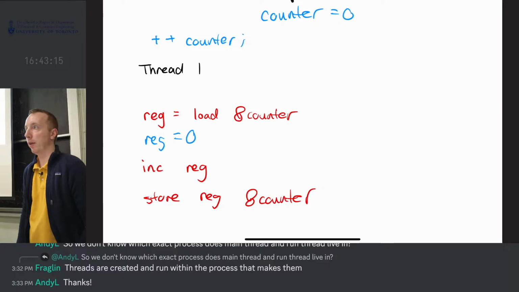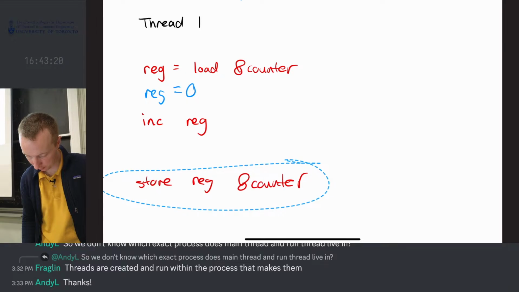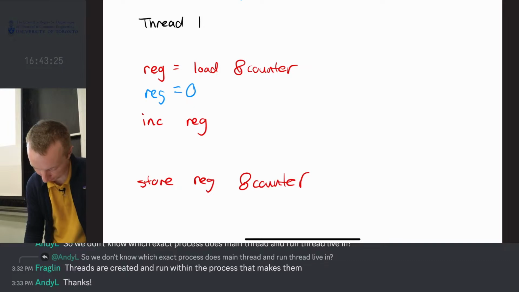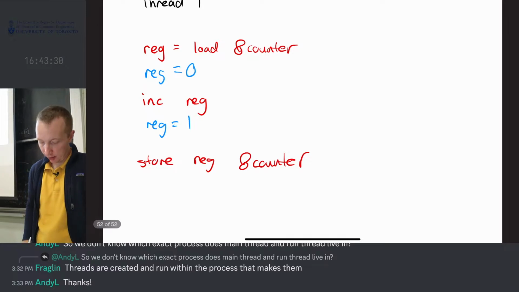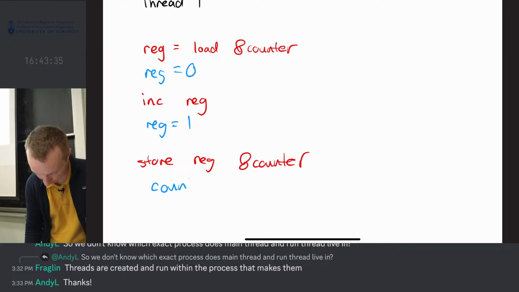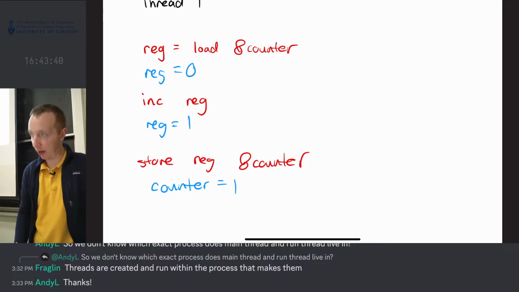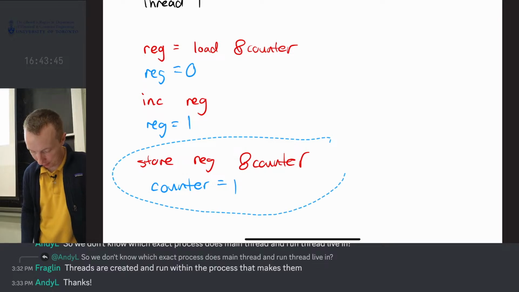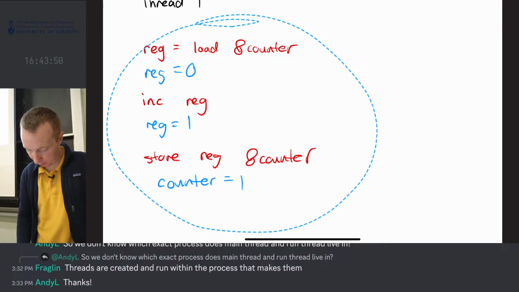If I increment that register, what is its value now? 1, right? It just adds 1 to the register. And then if it stores the value of the register at that memory location, that should mean that counter is now equal to 1, which is fine. Any questions about that? So that's what would happen at a low level. The problem we are encountering is that we have multiple threads.